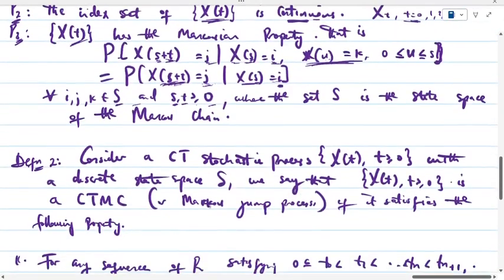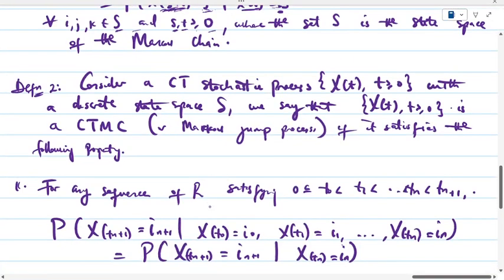Another definition for this is that we consider a continuous time stochastic process S of t where t is greater than or equal to 0. It has a discrete state space, that is, a finite or countably infinite state space. We say that the stochastic process is a continuous time Markov chain, or we call it a Markov jump process, if it satisfies the following property.